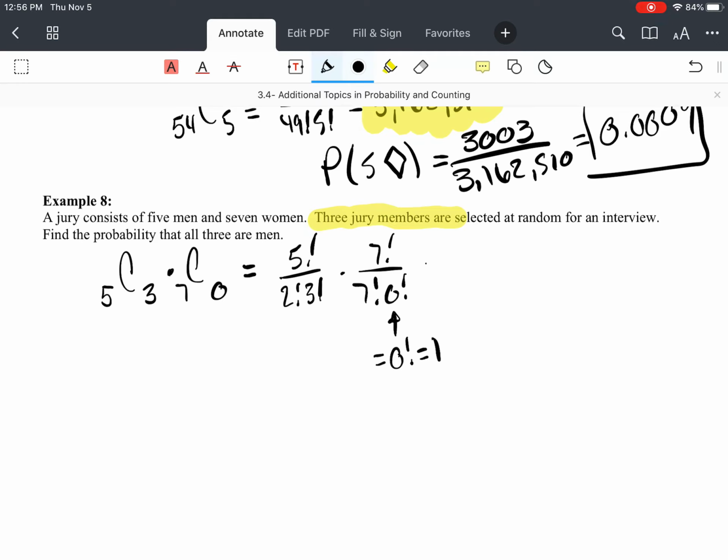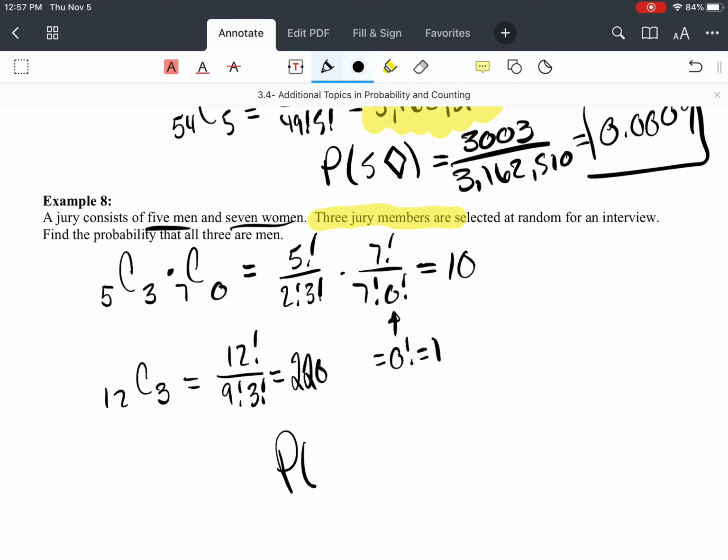If you read the textbook, 0 factorial is 1. Using our calculator again, we get a total of 10 possible outcomes. Now for the bottom, we have a total of 12 people, and we're choosing 3 out of the 12. Setting this up, we have 12 factorial over 9 factorial times 3 factorial, and we get 220 possible outcomes.